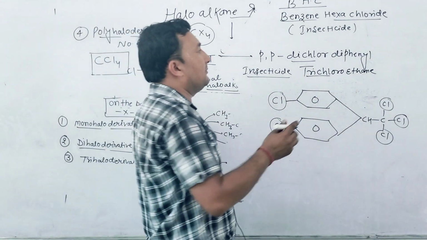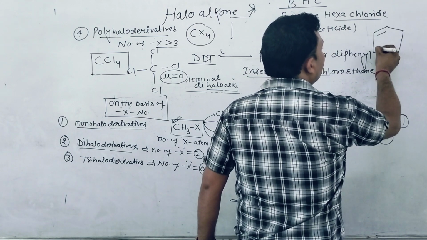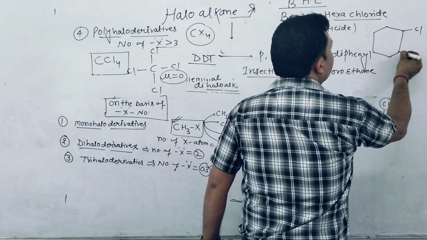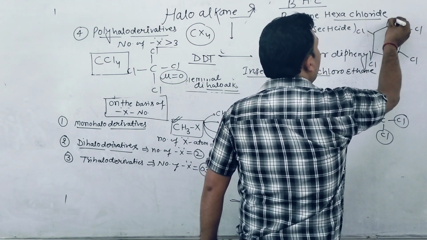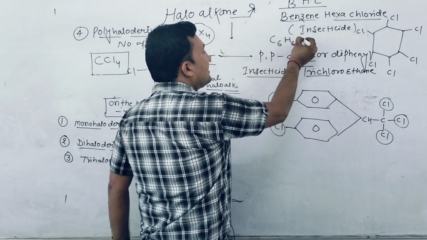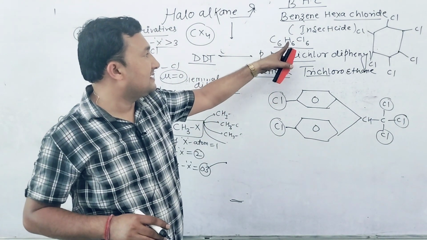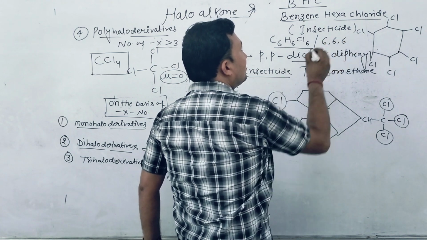The chemical structure will be, this will be the benzene, and on every corner we will get chlorine. And the formula is C6H6Cl6. If you look at the number of each atom, it is 666. So it is also called 666.